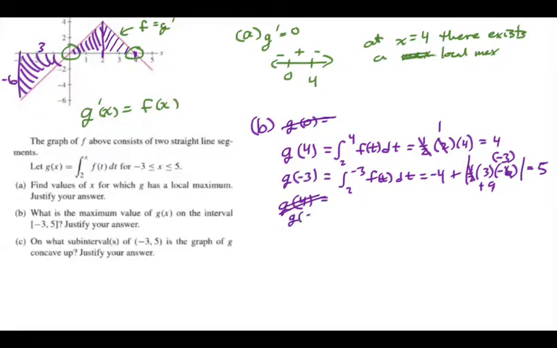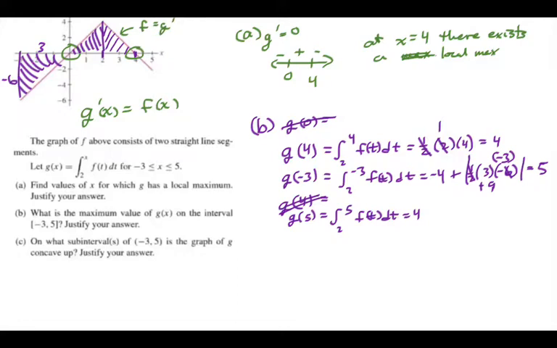Let's see, G of 5. G of 5 is right there, a little after the 4, and I already know this is not going to be a maximum value because from 2 to 4, I got 4. Then if I go a little more to 5, I'm going to be adding negative area. I'll go ahead and find it just so I can write it down.